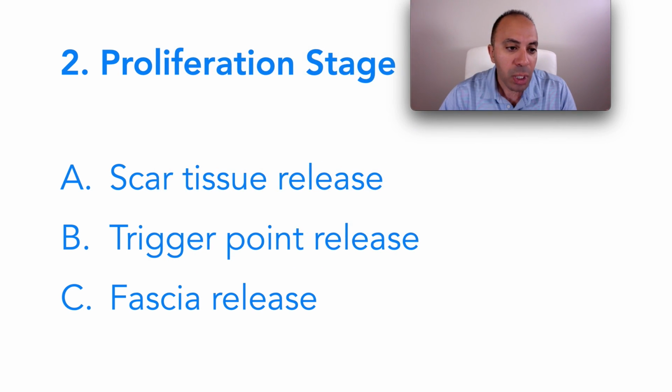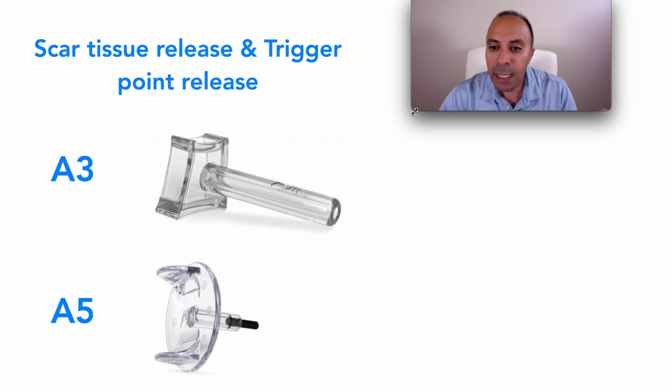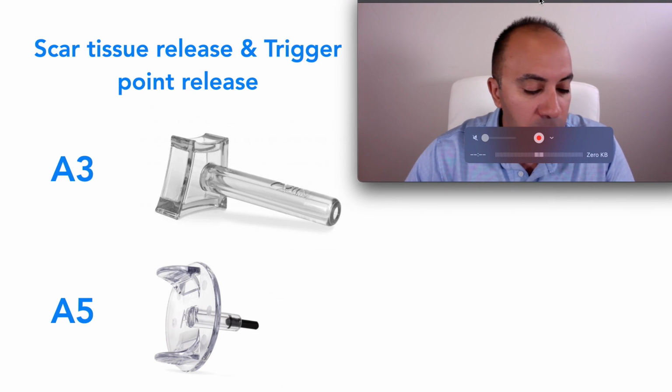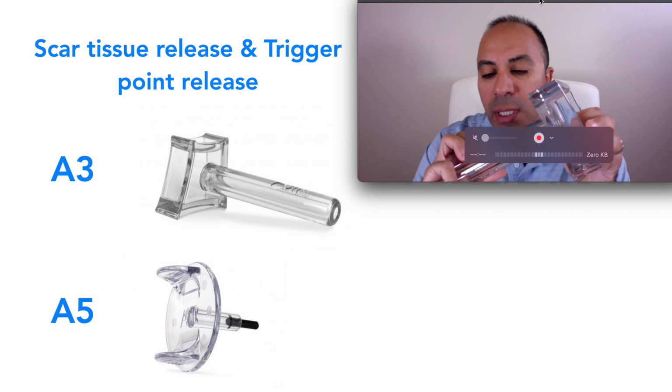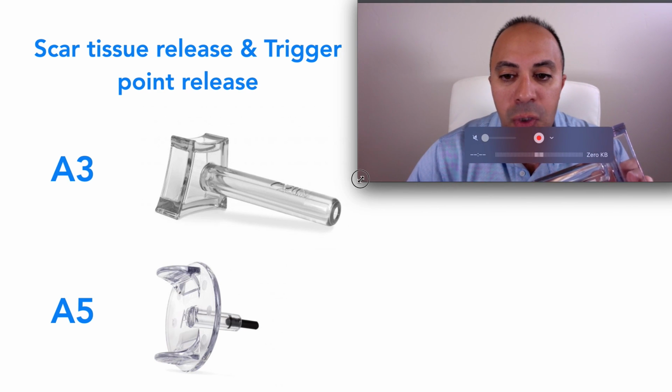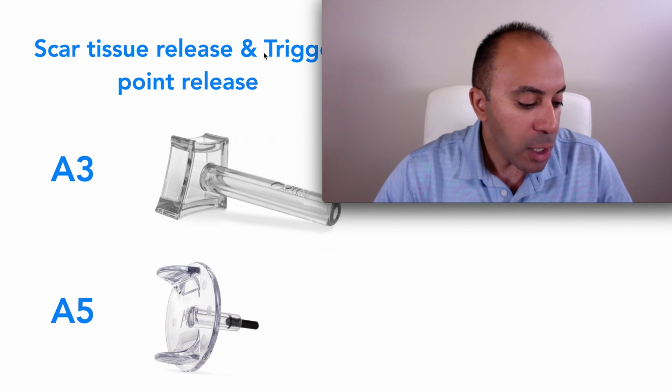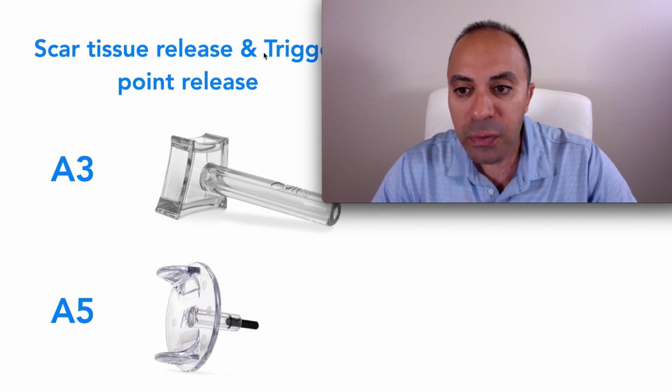And I have several tools to break the scar tissue. For example, the A3, I use this to release the entire muscle and to break down the superficial scar tissue. And I also use the A5 tool.